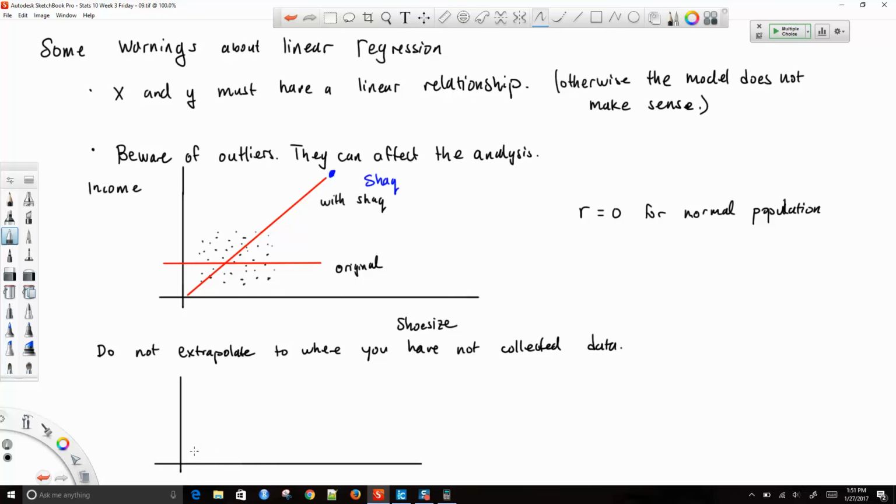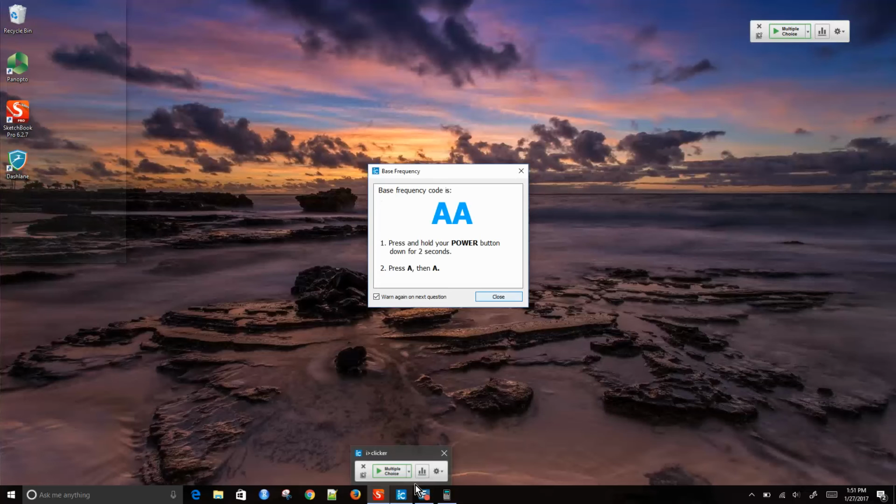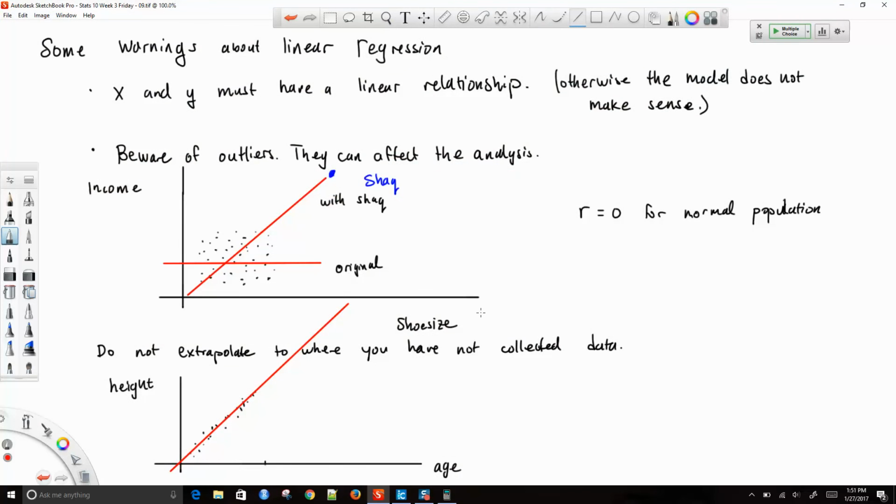Maybe you're an alien from another planet, and you look at the age of kids and their heights. It seems every year at the elementary school, ages 5, 6, 7, 8, 9, 10, 11, the kids get taller and taller. You might be tempted to extrapolate and say, by the time these people turn 40 years old, they're going to be 15 feet tall. Of course that does not make sense, right?